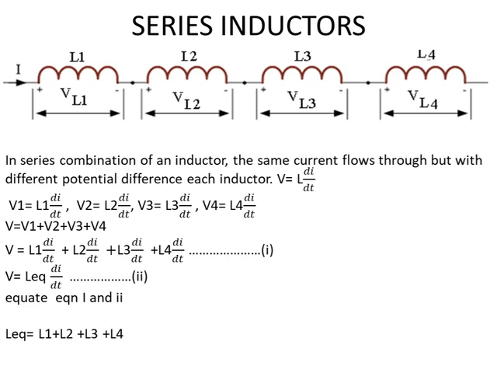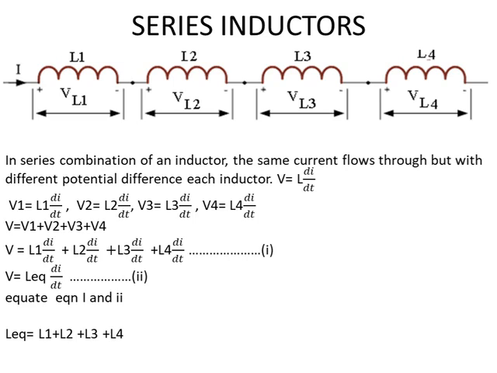So here, for the potential difference of each one of them, you make use of the current-voltage relationship that we talked about earlier, which is V equals L di/dt. For each of the inductors, you need to get the voltage across it. So you will have V1, the voltage for the first inductor, equals L1 di/dt.